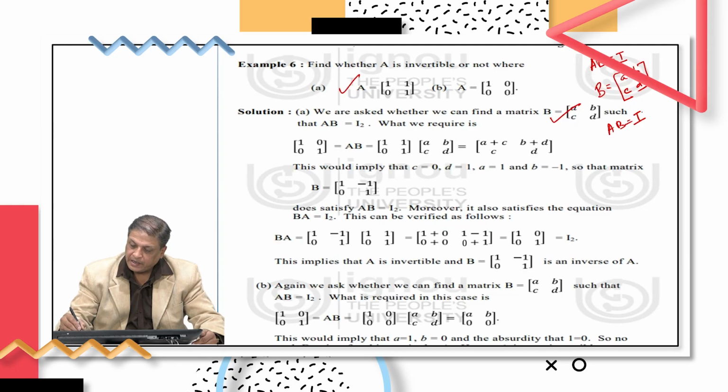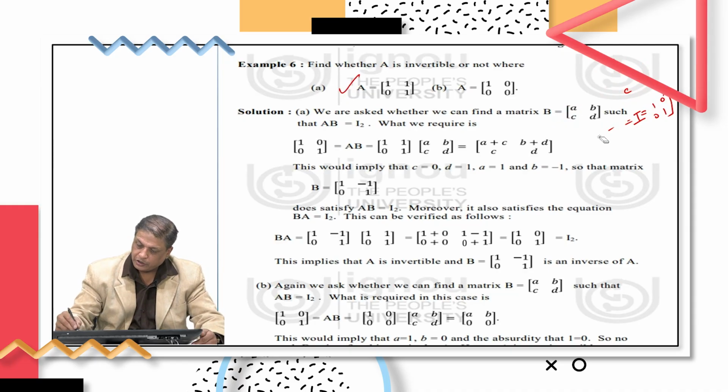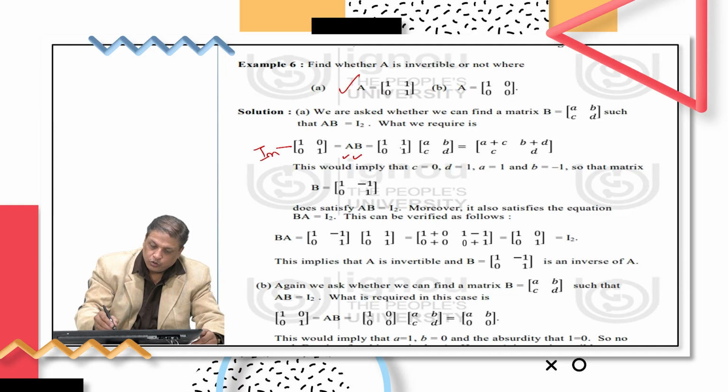The identity matrix is a matrix whose diagonal elements are 1 and off-diagonal elements are 0. So if we solve this expression, A into B equal to the identity matrix, where A is 1 1 0 1 and B is a b c d.